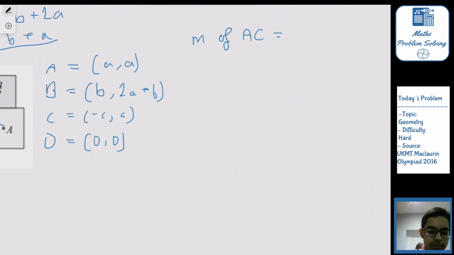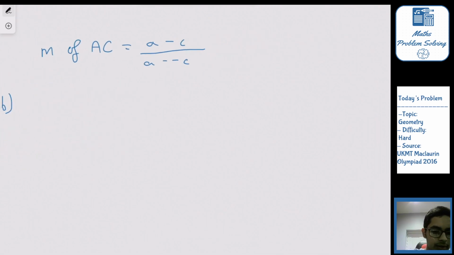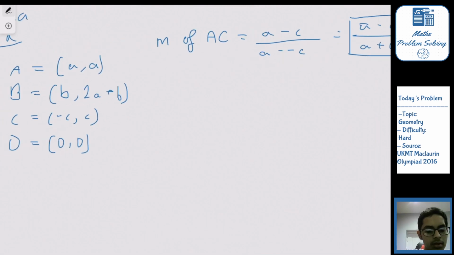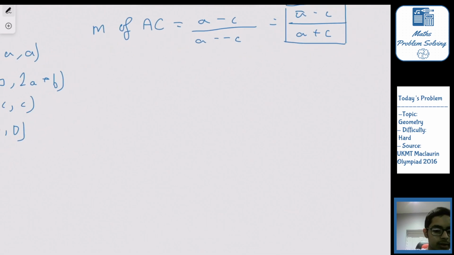Let's start with the y component of A, so we get A minus C divided by A minus C. And if we move that over here, we're left with A minus C divided by A plus C. We'll leave this like this, and then carry on by working out the gradient of BO.